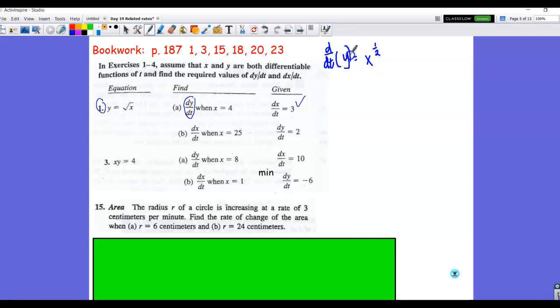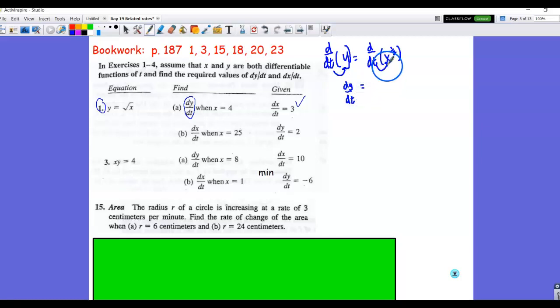So d/dt of the left-hand side, and on the right-hand side I'm doing the same thing, taking the derivative with respect to time of x to the 1/2 power. We remember we have that variable disagreement on both sides. So the derivative of y with respect to t is simply going to be dy/dt.